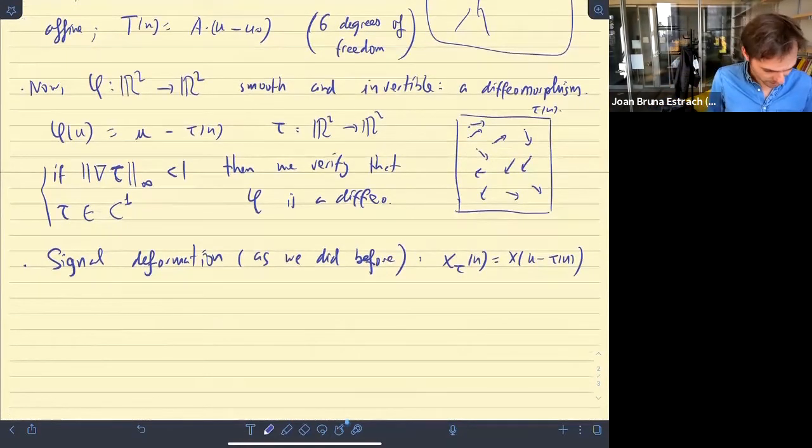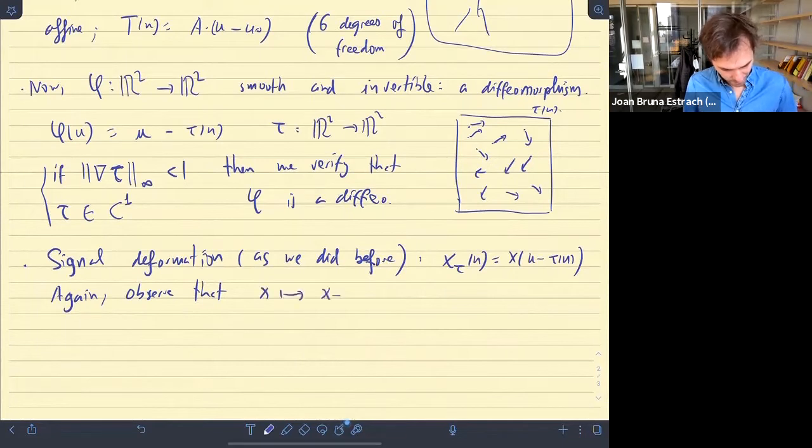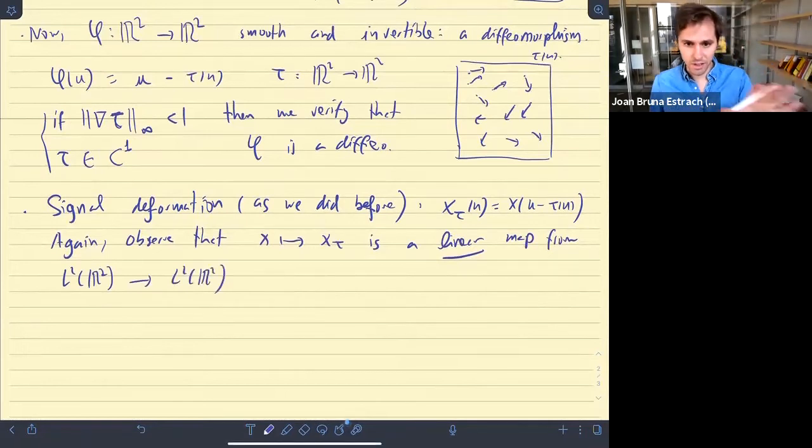And again, observe that the mapping that goes from x to x tau is a linear map from L2(R2) to L2(R2). So it maps images to images, and this mapping is linear.